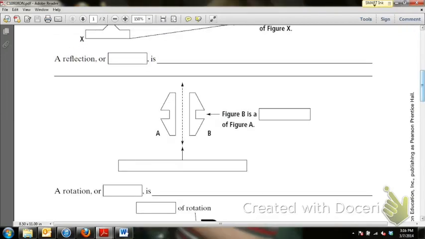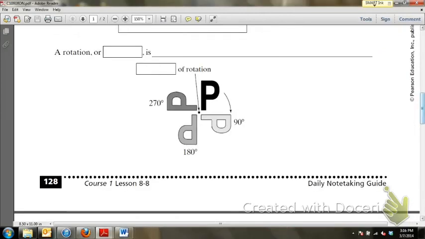Figure B is a reflection of figure A. Okay, sorry about that. Let's go back down. A little slow today.